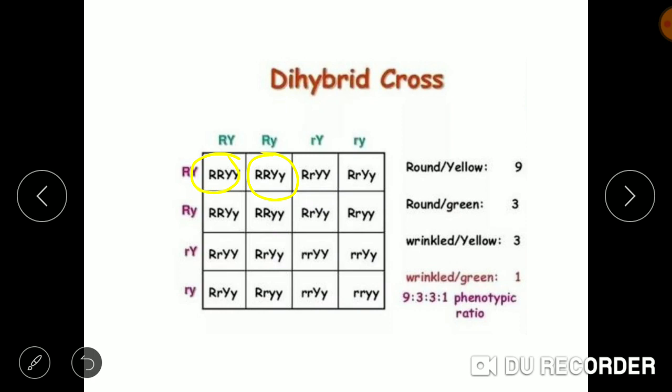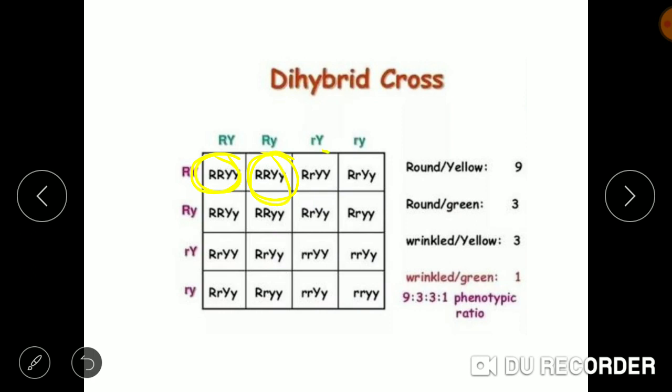If there are two alleles, capital Y, small y, then we will take capital Y into consideration, since capital Y is dominant. So here the phenotype of the offspring obtained will be round and yellow. So one round yellow here, another round yellow here.